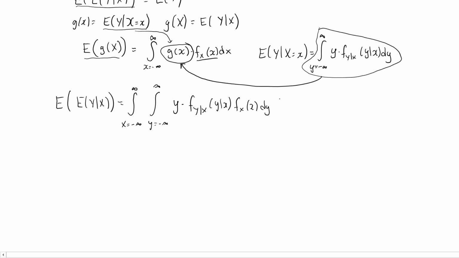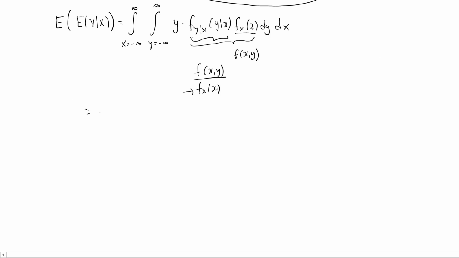We have the dy and the dx. A lot of things will simplify here. The conditional density is given by the joint density over the marginal of x. So if I do this, f X of x will cancel with this one. So this whole thing is just equal to the joint PDF.